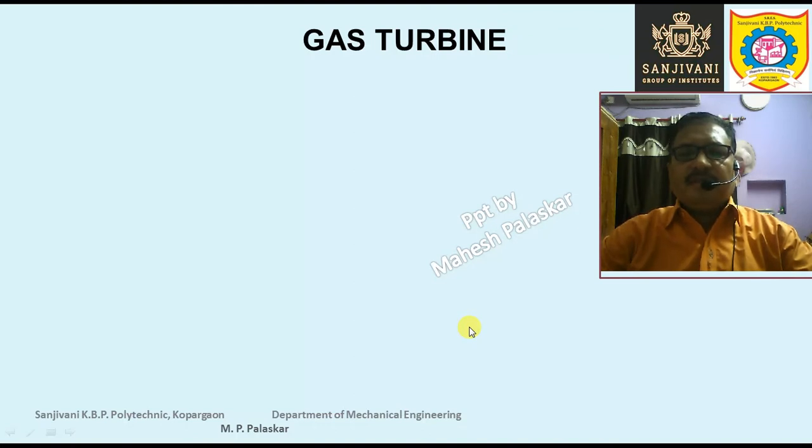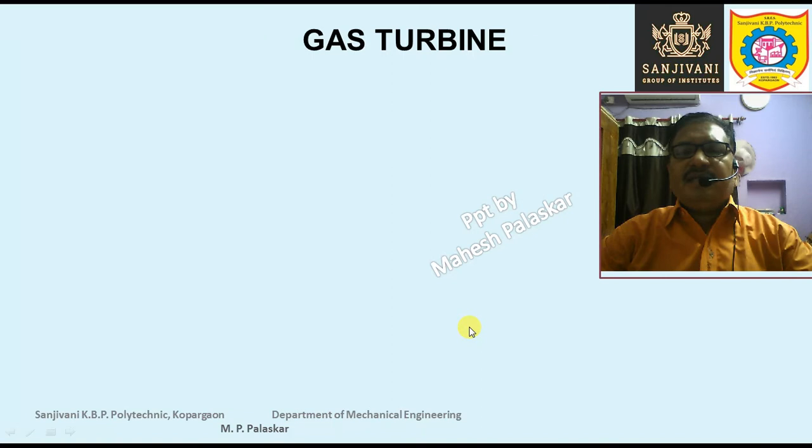But in IC engine, the beginning is with the reciprocating motion. But in gas turbines, we begin with the rotary motion and there is no reciprocating motion. So we call gas turbines the rotary type of prime movers.